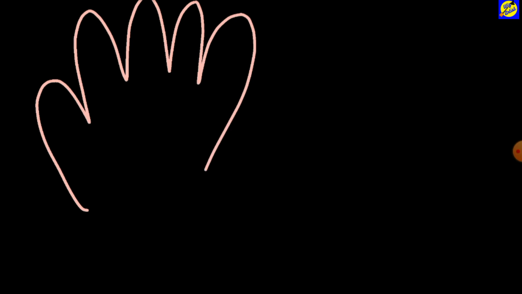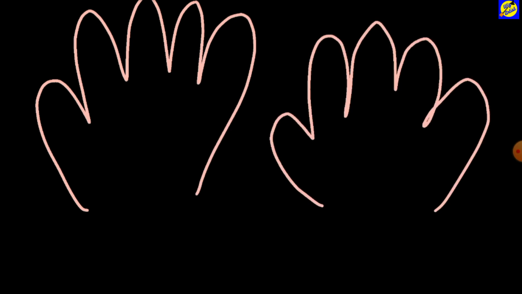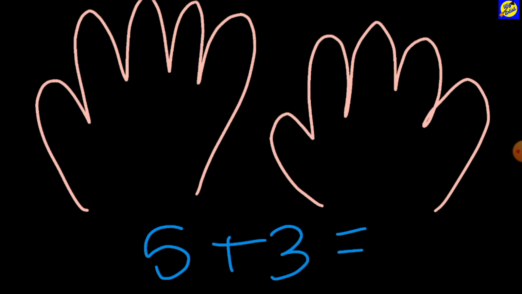Now there's another way wherein you can use your fingers. So suppose you have your fingers over here. Let us take the same example, 5 plus 3. Okay, so 5 plus 3 is equal to, how to calculate on your fingers?